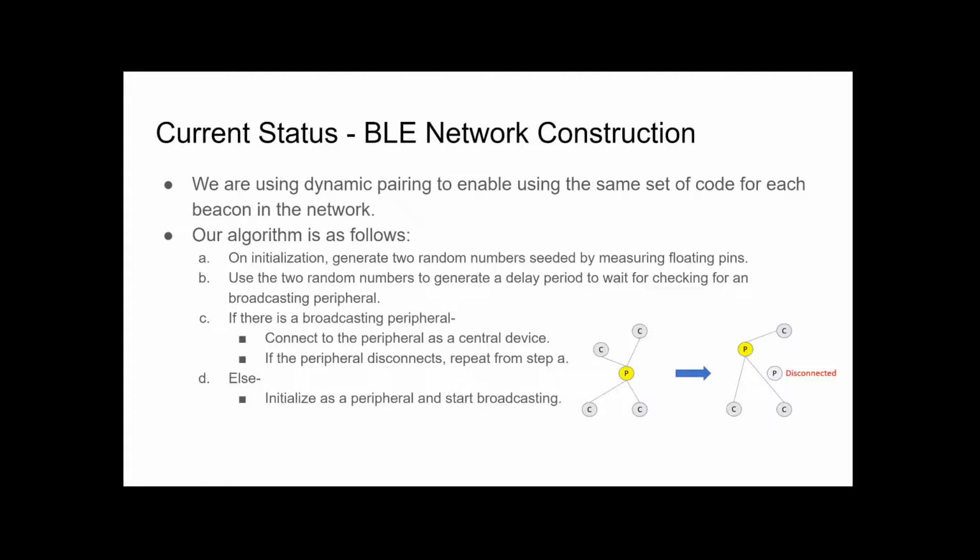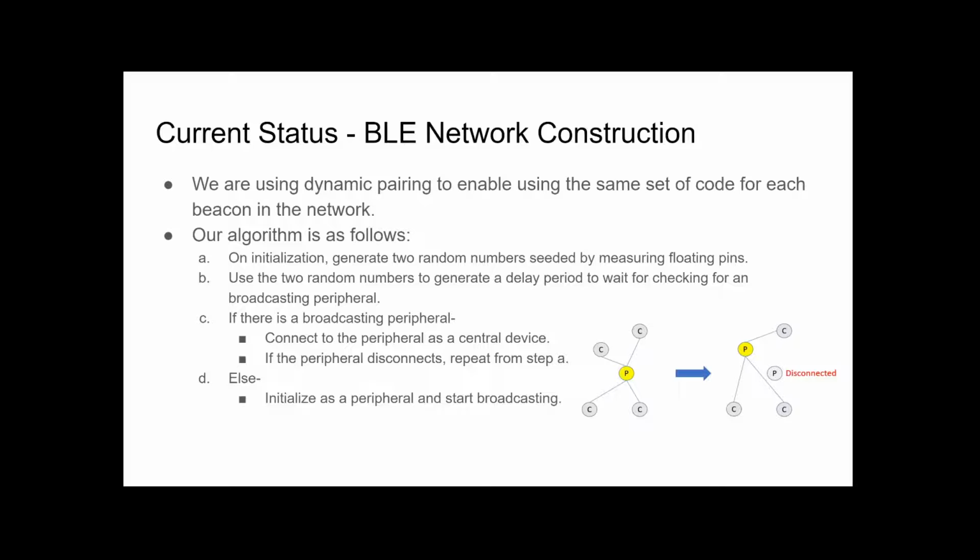So currently with our BLE network construction, we've set up each node to have the same set of code that dynamically allocates themselves as either a central or peripheral device. To walk through the algorithm, on initialization, we generate a random number, and this is a delay in order to avoid a race condition between nodes. After that, it scans the network, trying to see if there's any existing peripheral, which is like a network master.